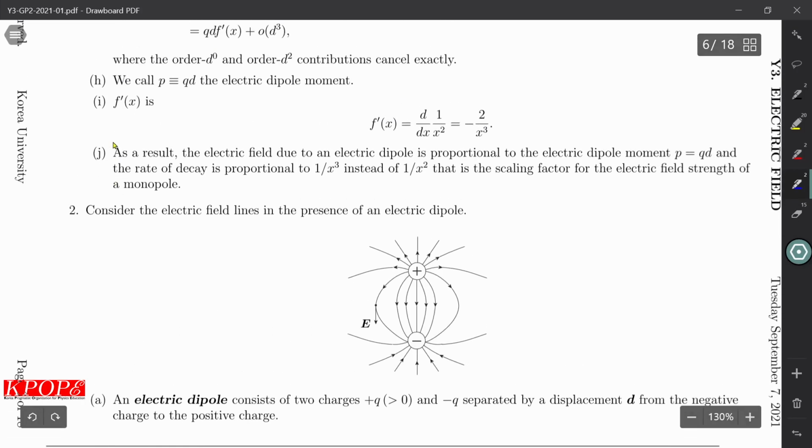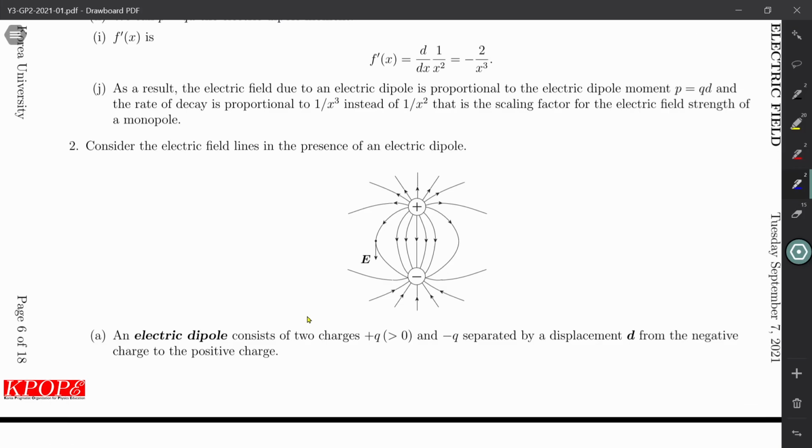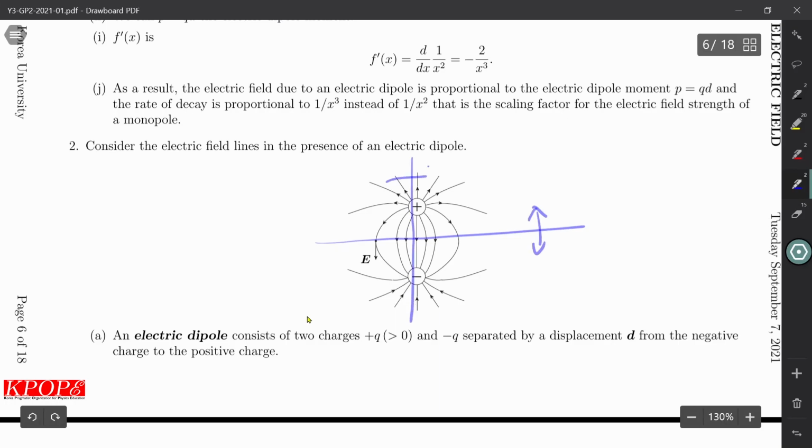Okay, let's consider the next problem. Consider the electric field lines in the presence of an electric dipole. We have plus and minus of equal magnitude. We will find left-right symmetry, and in the middle, up-down symmetry and left-right symmetry.